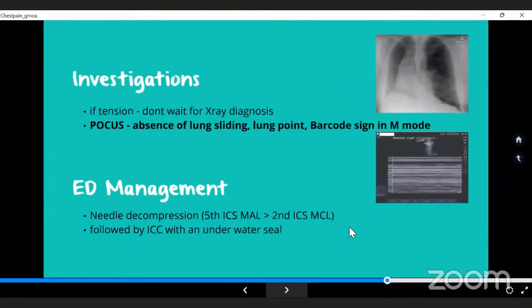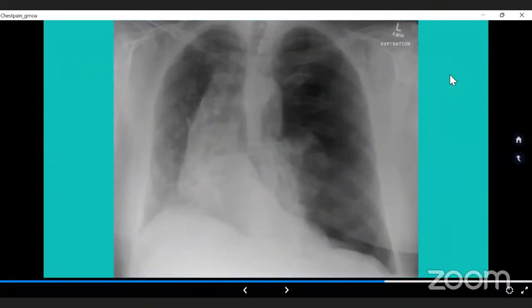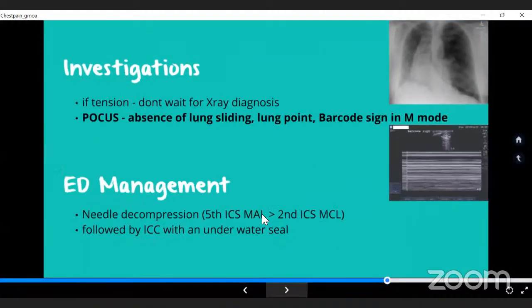So this is a clinical diagnosis. You don't have to go for an X-ray to diagnose tension pneumothorax. This X-ray should not have happened because this is a clinical diagnosis. Patient can die while awaiting this chest X-ray, so you don't have to look for a chest X-ray.